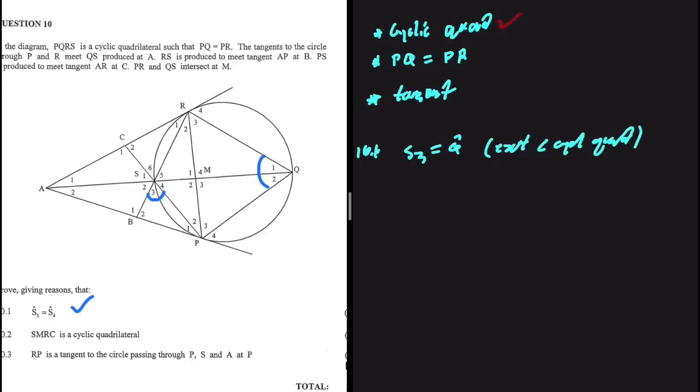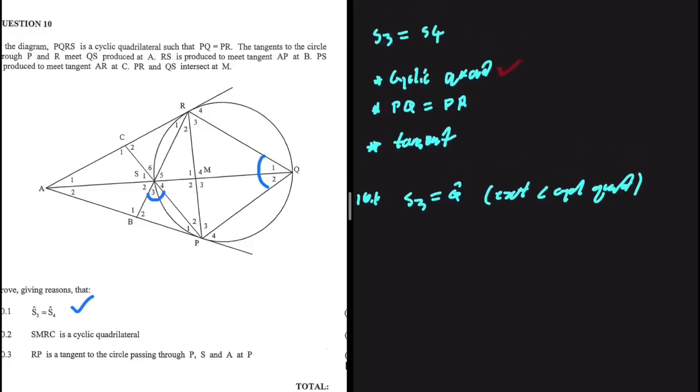What else am I realizing? Let me move to the following keyword. The following keyword is that PQ is equal to PR. Let's see what the consequence of that is going to be. PQ is equal to PR, so PQ subtends angle R3 and PR subtends angle Q. So what does that tell us?